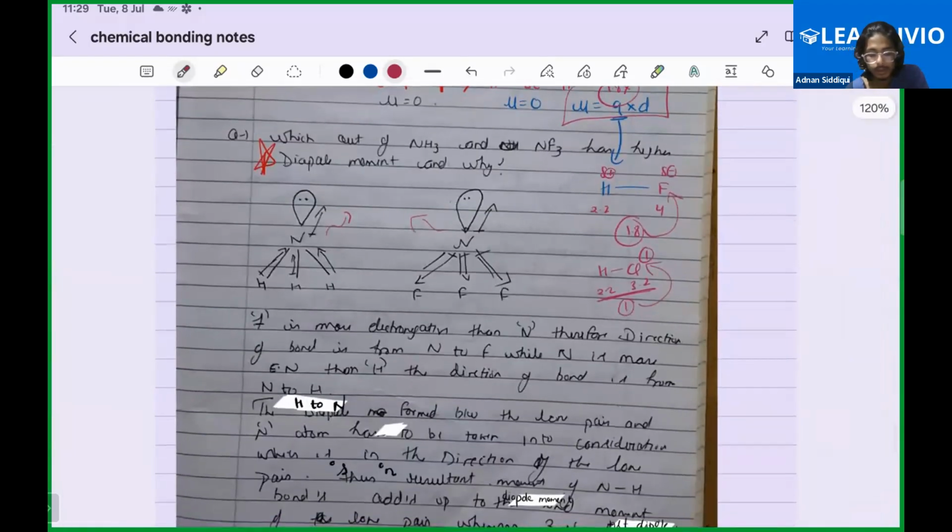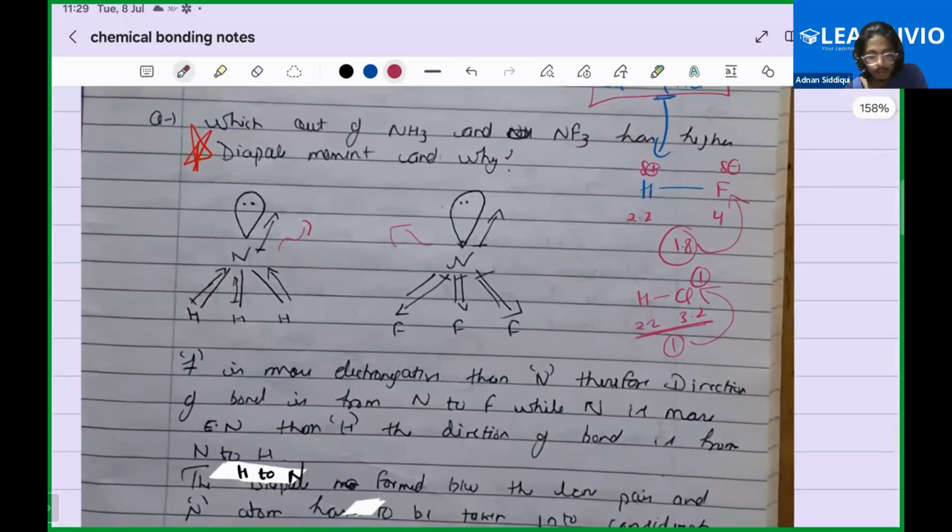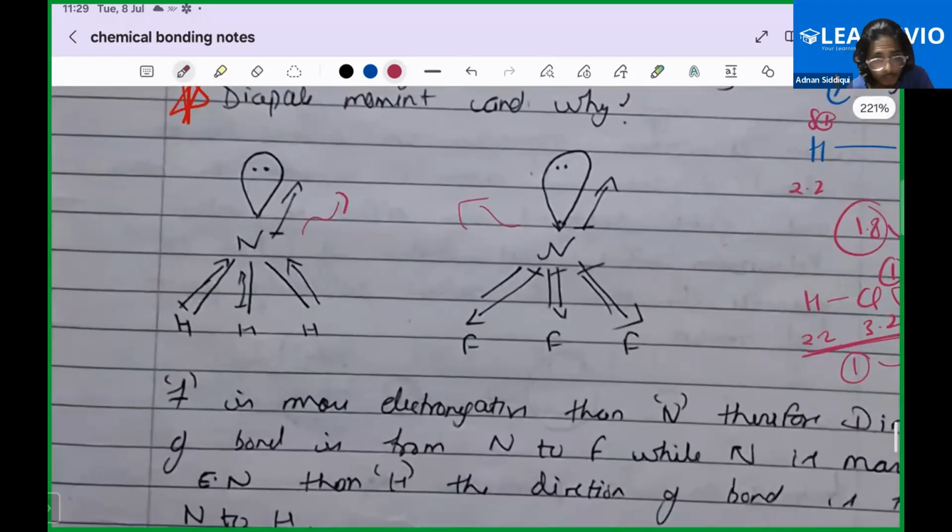So let us see. They are saying out of NH3 and NF3, which one will have higher dipole moment, and explain it as well. So let us talk about it. Be careful at this one. Out of nitrogen and hydrogen, which one is more electronegative? Nitrogen.